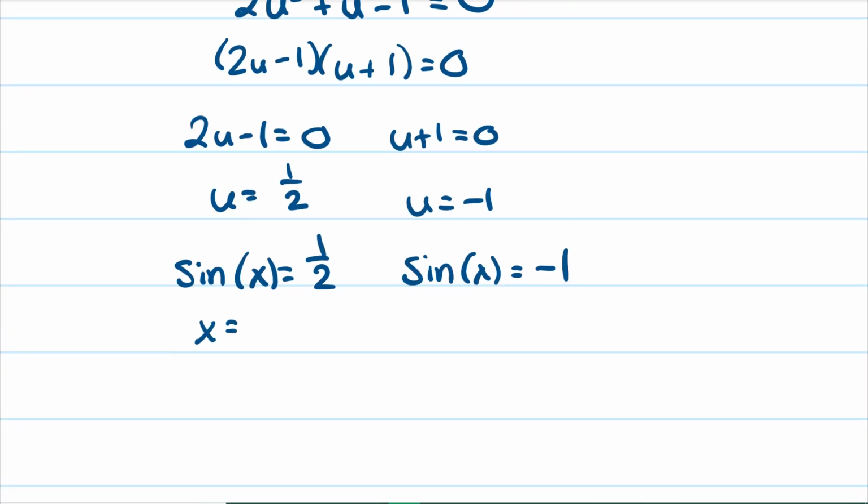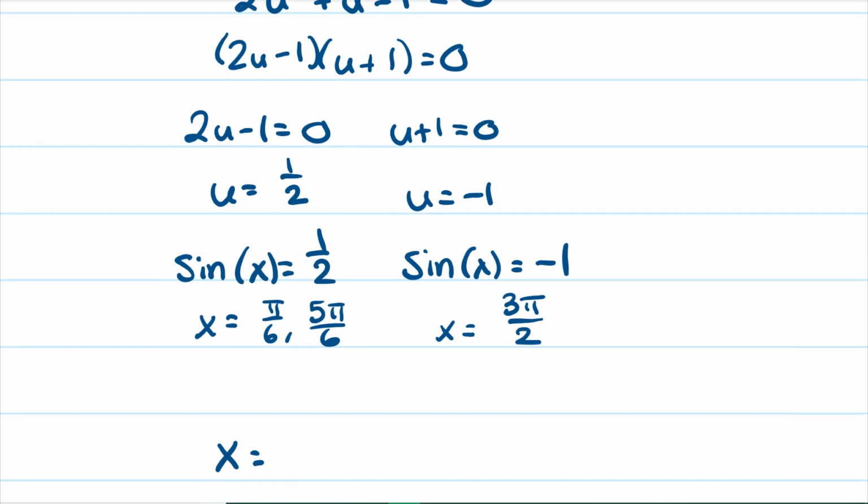And sine of x is equal to 1/2 at pi over 6 and 5 pi over 6. And sine of x is equal to negative 1 at 3 pi over 2. And so my answers are just pi over 6, 5 pi over 6, and 3 pi over 2.